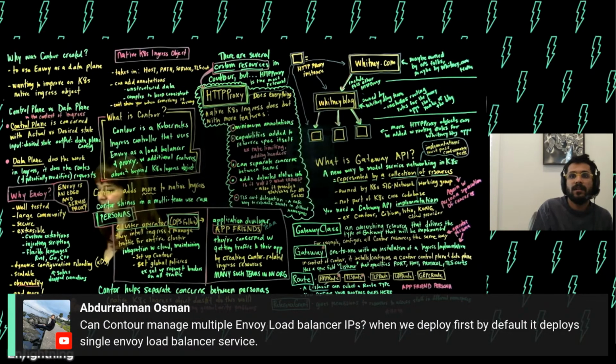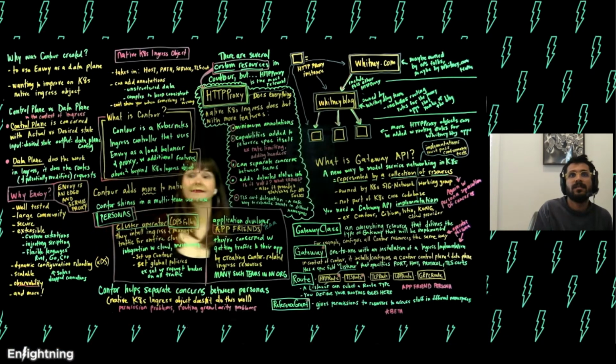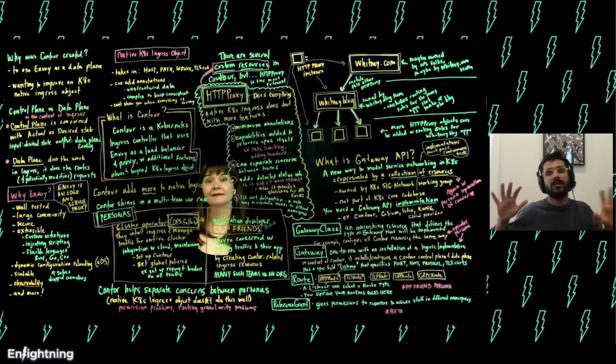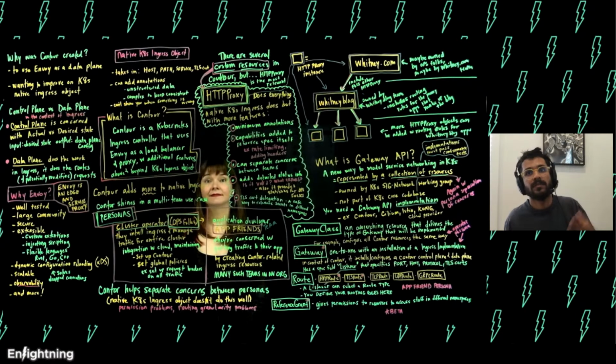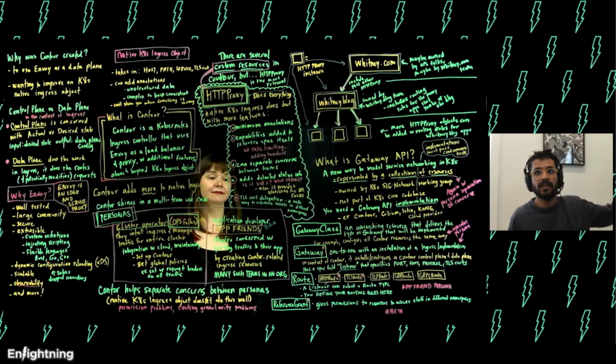Yeah, so the Envoy load balancer service isn't, I guess you could say, technically intrinsic to Contour itself. It's a way to expose your Envoy pods that are acting as a proxy to the internet, possibly. So depending on your setup, you could possibly have multiple, if you need multiple IP addresses or something.